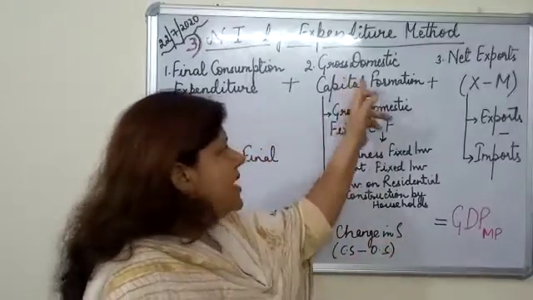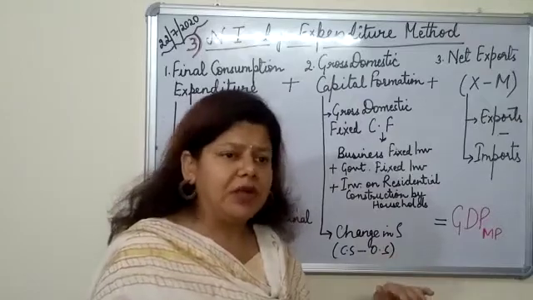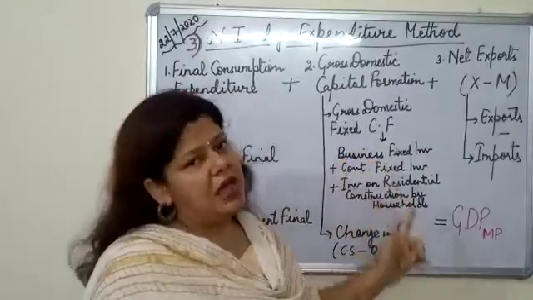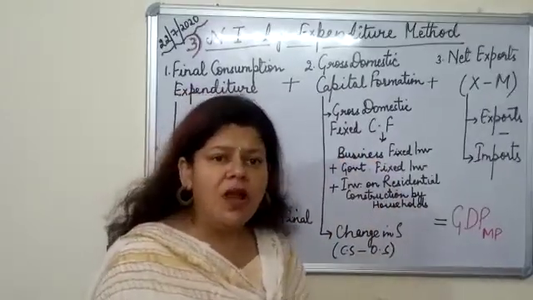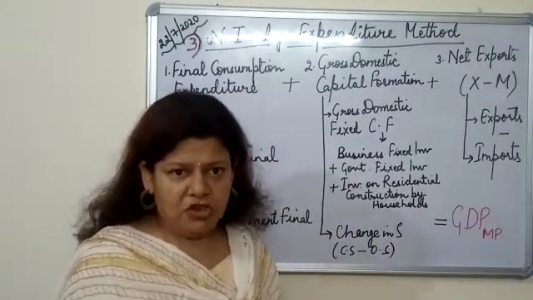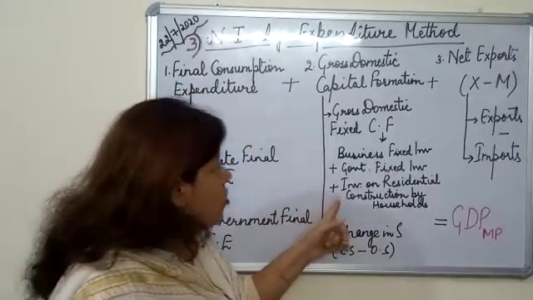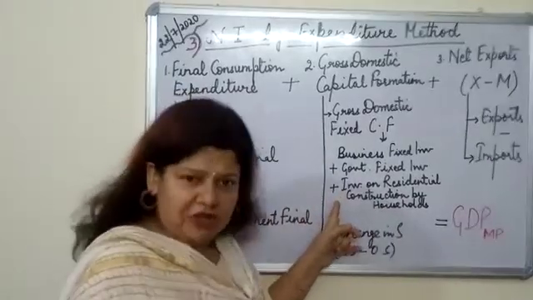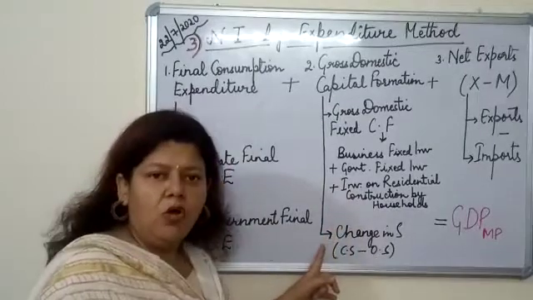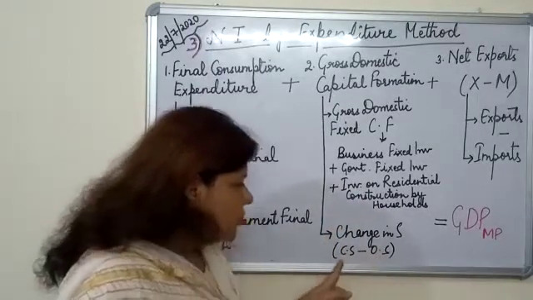So gross domestic capital formation, or investment, can be of two types: fixed investment and change in stock. You are spending on stock because it is capital formation, an investment for the business. On one side you are spending on fixed assets, on the other side on stock. Why have we taken change in stock?